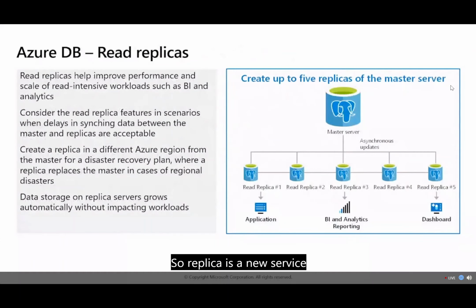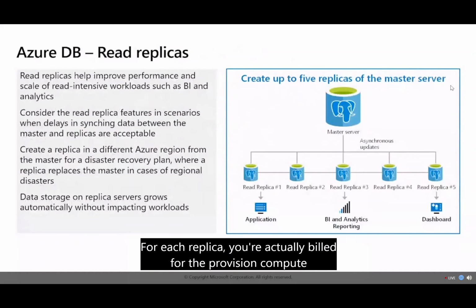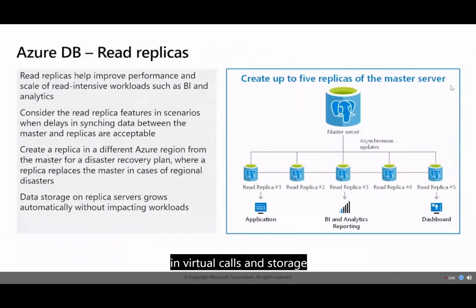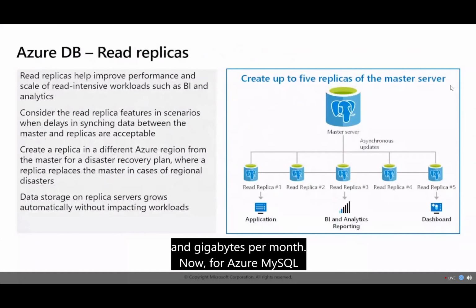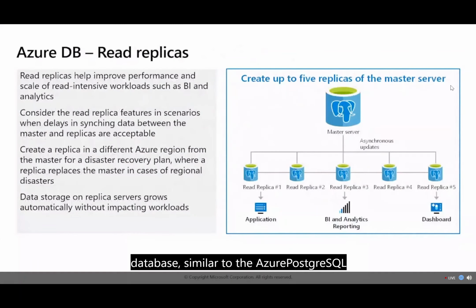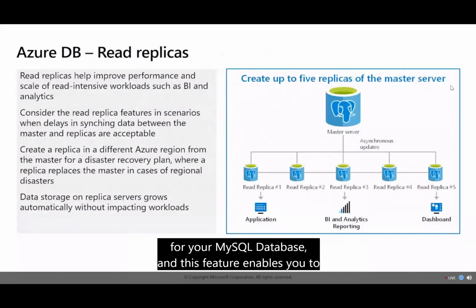So replicas are a new service that you need to manage, similar to regular Azure databases. So for each replica, you're actually billed for the provisioned compute in virtual cores and storage in gigabytes per month. Now for Azure MySQL Database, similar to the Azure PostgreSQL Database, you can again create up to 5 read replicas for your MySQL database.